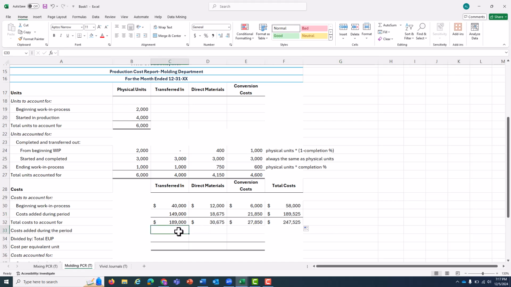So let's figure out our cost per equivalent unit to make the math easier to do. Take the cost added during the period by just copying down this row up above. That's $149,000 in transferred in costs, $18,675 in material costs, and $21,850 in conversion costs, and divide that by your equivalent units of production for those three cost categories, which we have up above: 4,000 for transferred in, 4,150 for materials, and 4,600 for conversion costs.